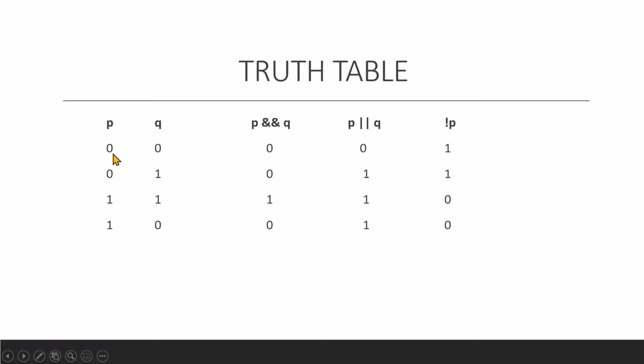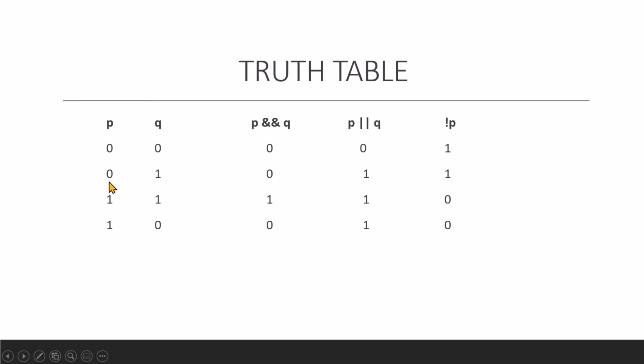So here we have P is false, Q is false. Therefore, P and Q is false. P or Q is also false. Now this indicates, is P false? Yes, because it's 0, and so it prints 1, which means it prints true.